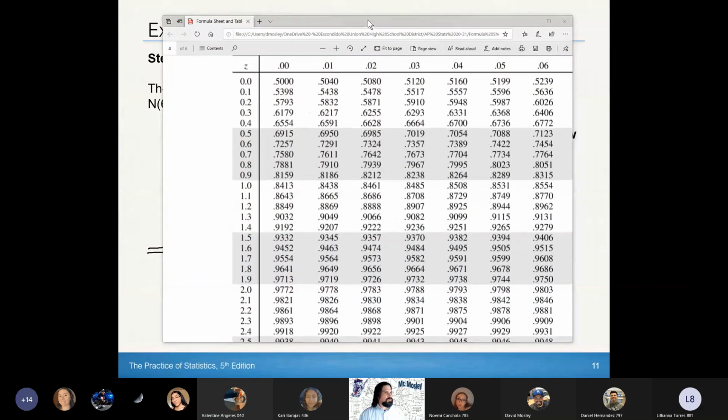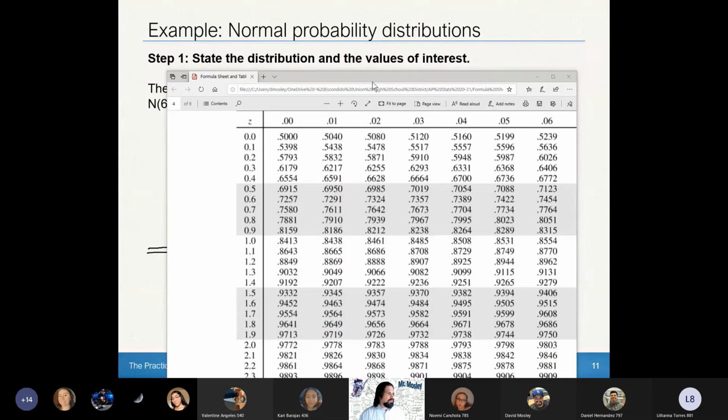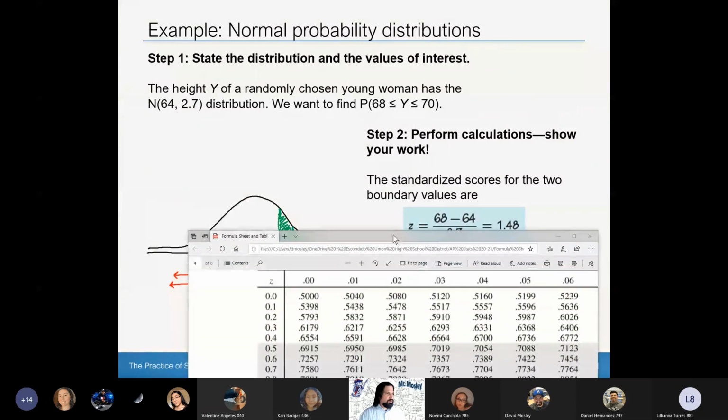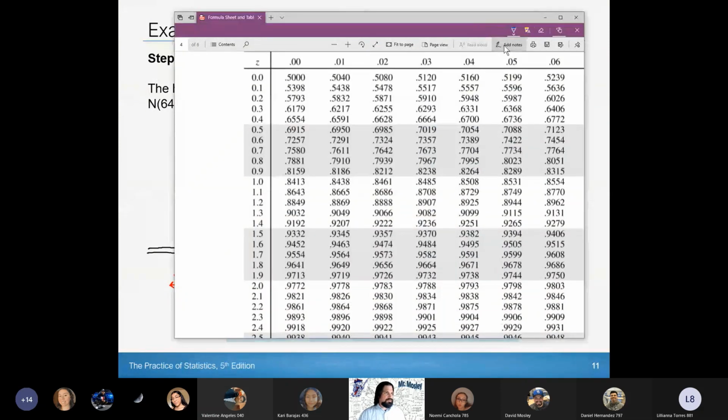All right. So here's table A. This is the positive portion of table A. So I need 2.22 and 1.48. So that means I'm going to find 2.2, 0.02, right? Because when I add 2.2 plus 0.02, I get 2.22. So now I find the intersection, and that's the 0.9868. So there's that one.